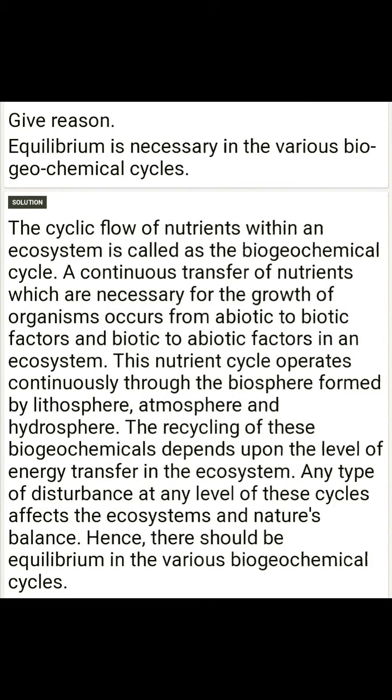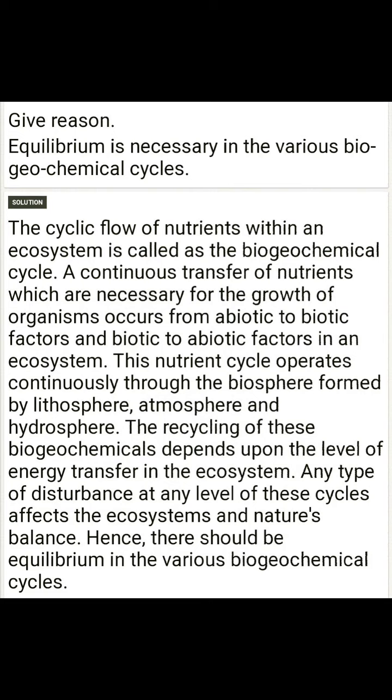A continuous transfer of nutrients, which are necessary for the growth of organisms, occurs from the abiotic to the biotic factor, and then again from the biotic to the abiotic factor. So this nutrient cycle operates continuously through the biosphere formed by the lithosphere, atmosphere and hydrosphere.